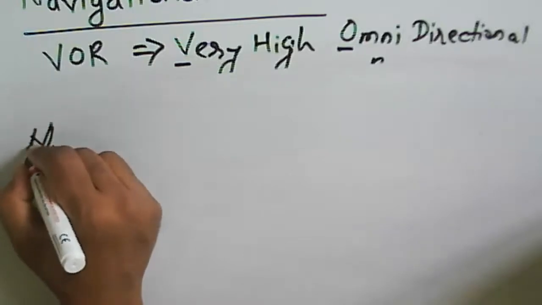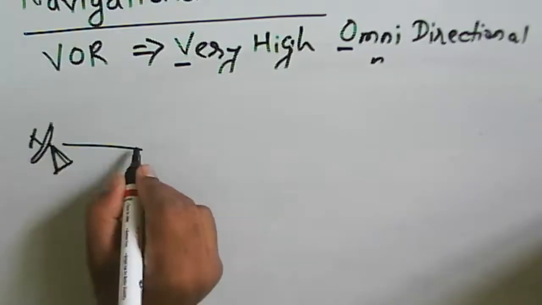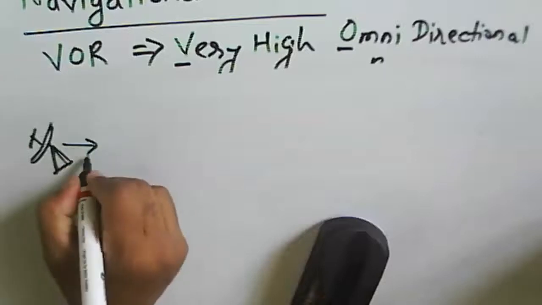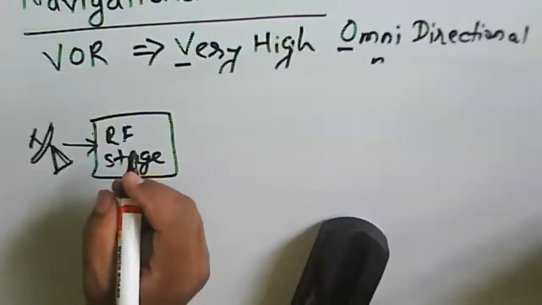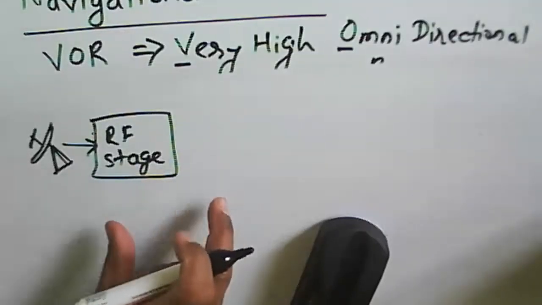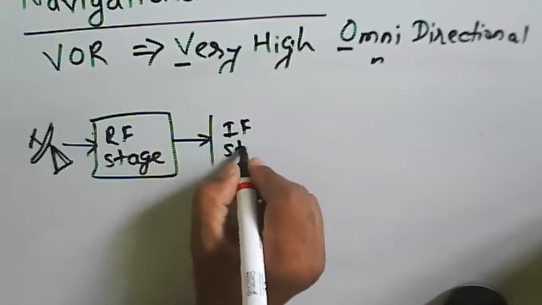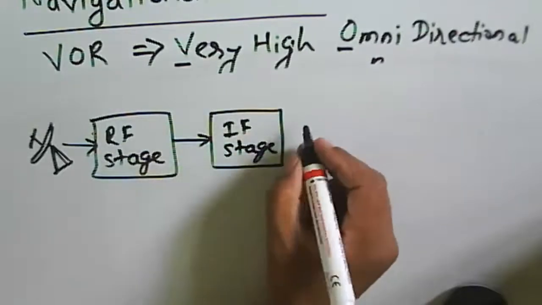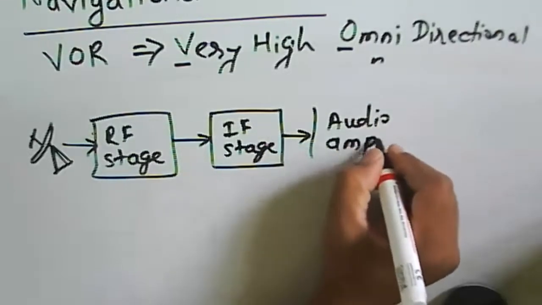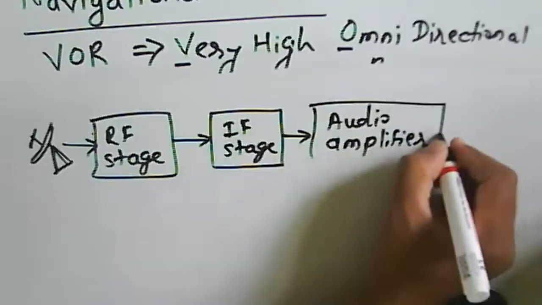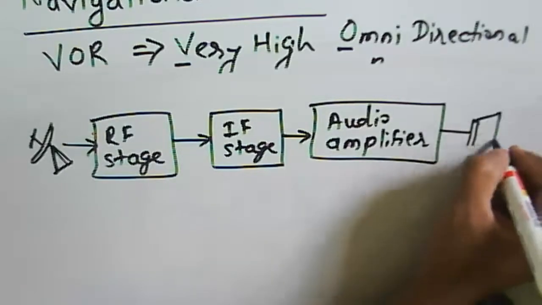We have the antenna here, then that antenna signal will be given to the RF stage. This one is about the RF stage at a receiver, the VOR receiver in the aircraft, then to the IF stage, then an audio amplifier, and then that will be given to the speaker.